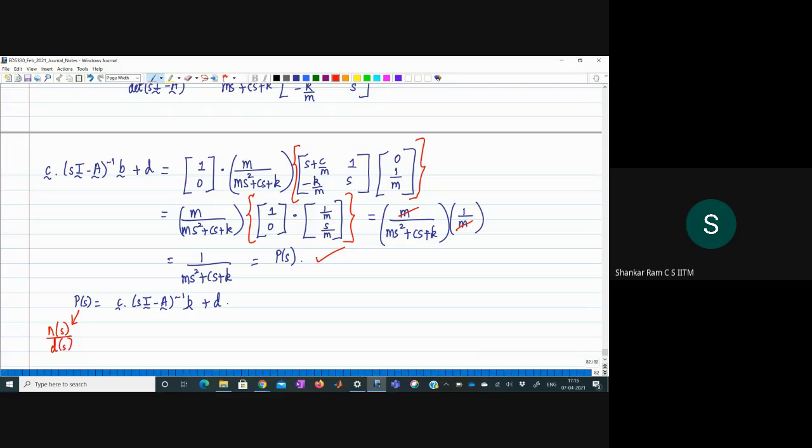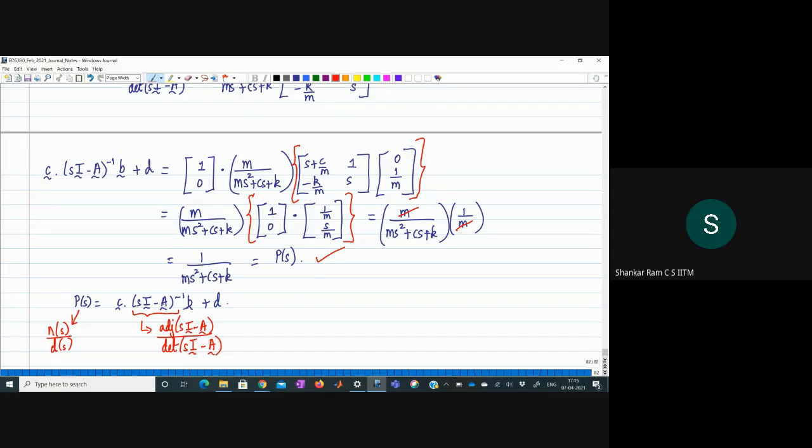So now, if you look at the transfer function, all of us know that the transfer function is going to be a ratio of two polynomials in s, N of s divided by D of s, and we also observe that the inverse of sI minus A is going to be the adjoint of sI minus A divided by the determinant of sI minus A. Okay, so that's what it will be.